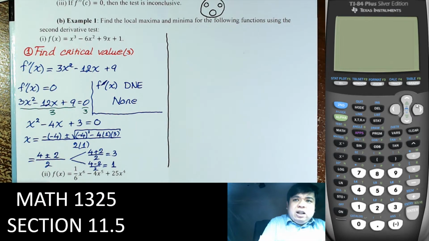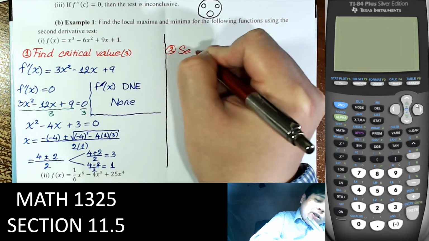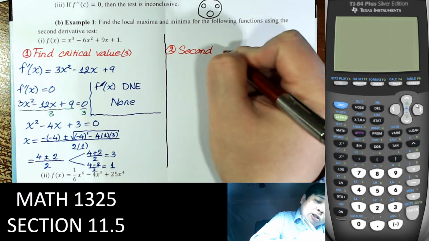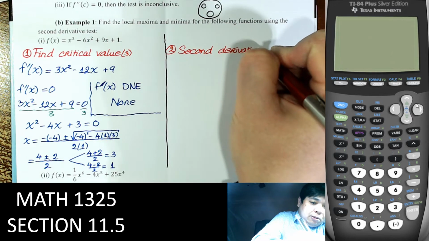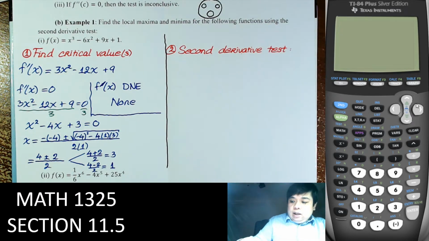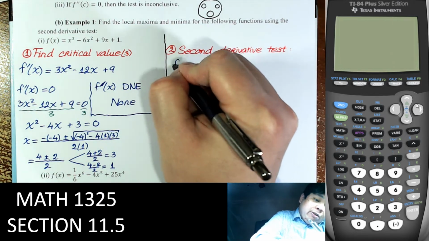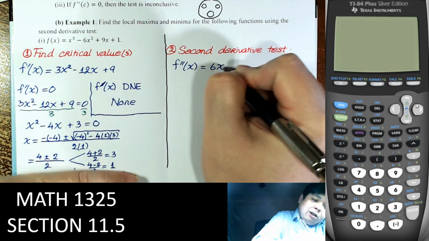We may find the values now or later, it doesn't matter, but now let's go to the second derivative test. Of course, we find the second derivative. That gives us 6x minus 12.